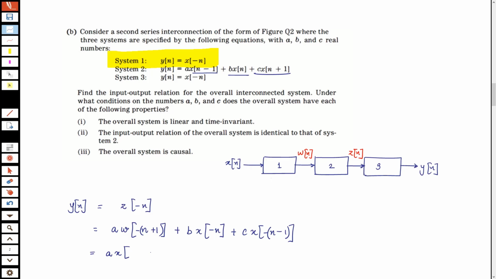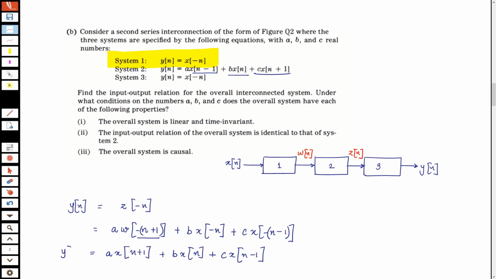And now that we are writing in terms of system 1, this is a times x of minus of n plus 1, plus b times x of minus n, plus c times x of minus of n minus 1.